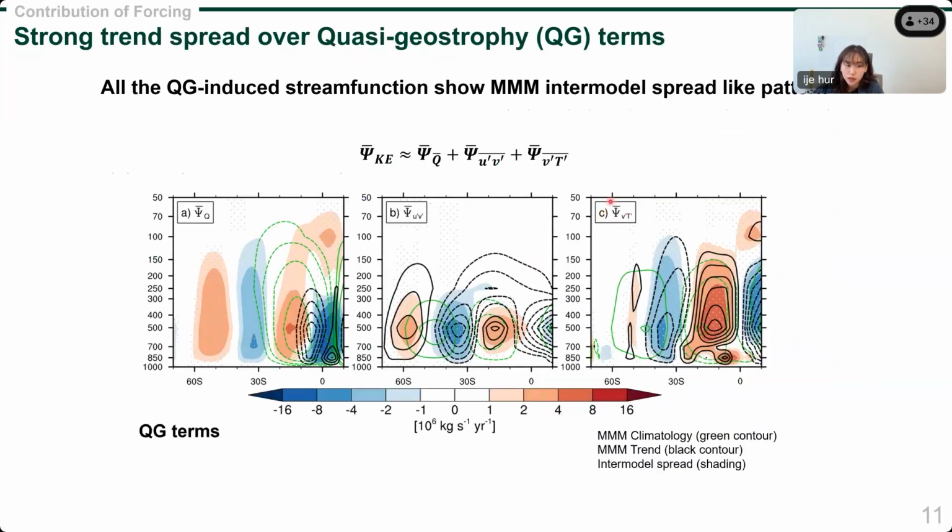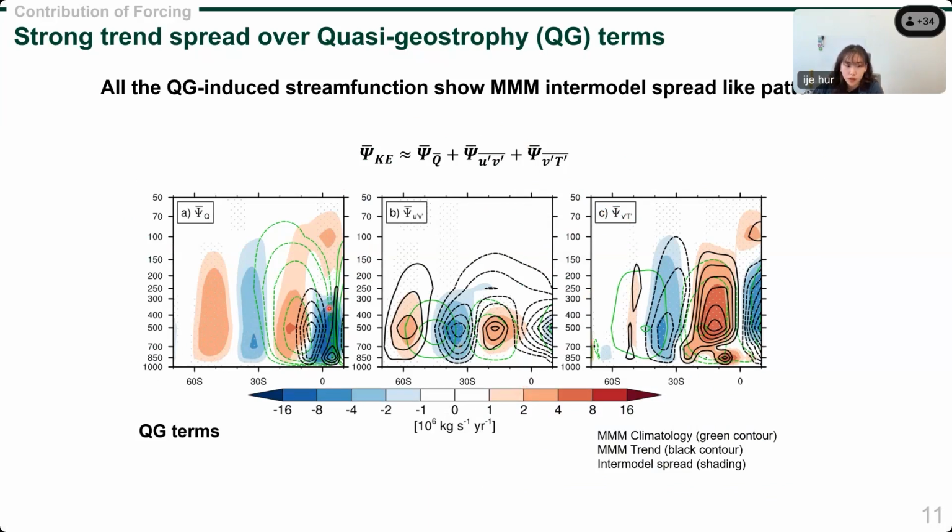So in the case of each forcing term, the quasi-geostrophic terms, that are diabatic heating, meridional eddy heat flux, and momentum flux, induce a similar intermodal spread pattern of the stream function trend. This is the same figure as before, but those are induced by the diabatic heating, meridional eddy momentum flux, and meridional eddy heat flux.